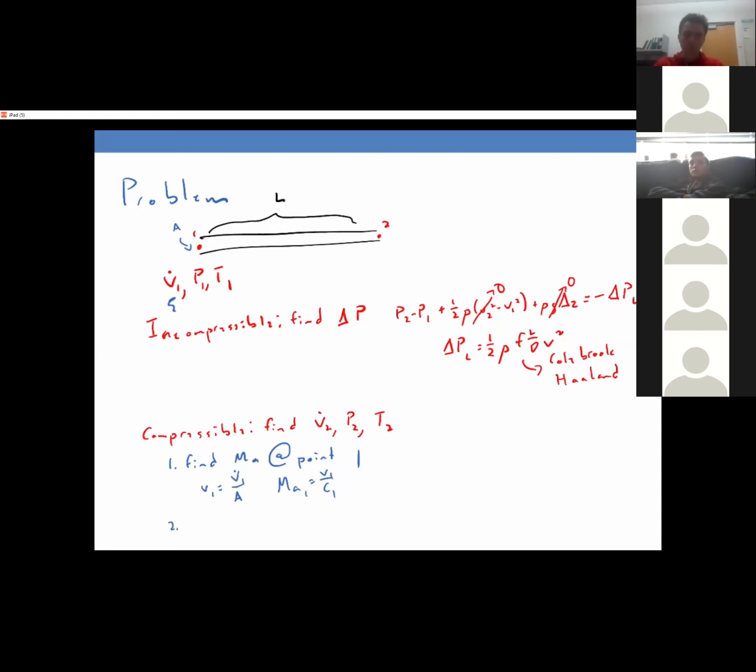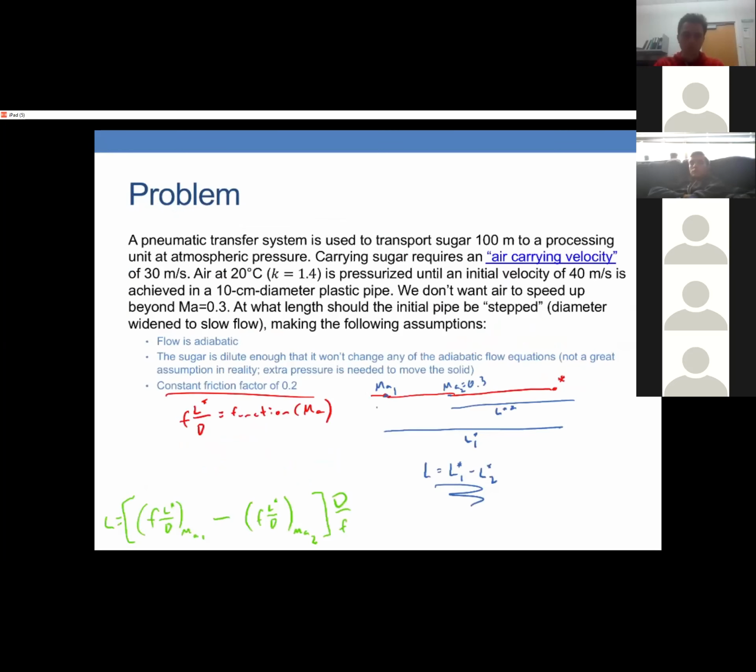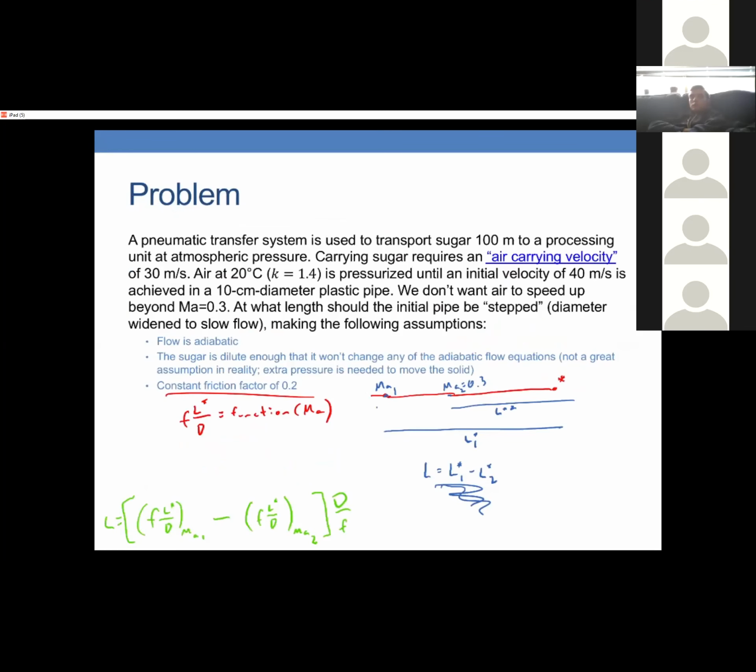So you can go backwards from what we did here. And with the length in this whole thing, you should be able to get what fL star over D has to be at point 2. And from that, you can get what the Mach number is at point 2. You might have to use a solver.